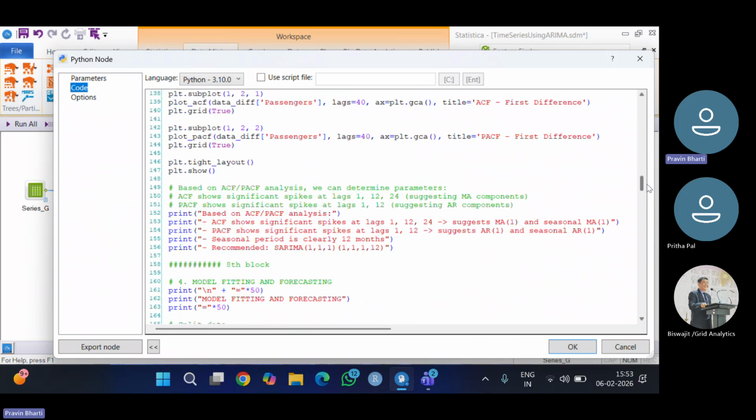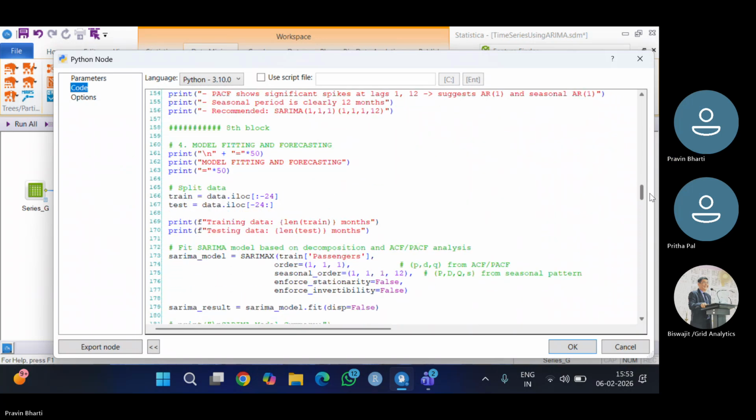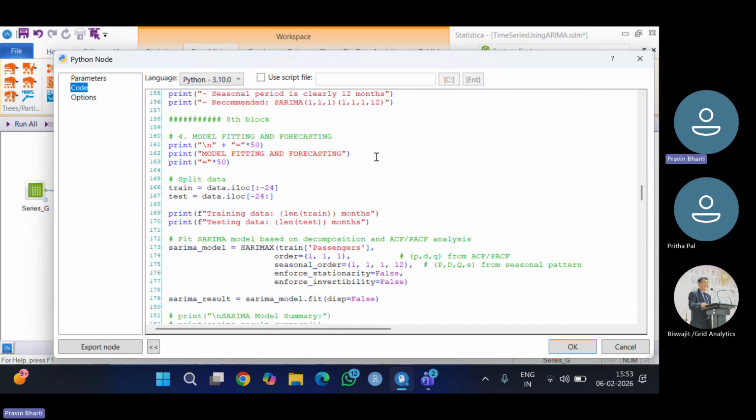After this, I will apply the model fitting and forecasting. After choosing the ARIMA parameters through the ACF and PACF, we split the data into training and testing sets.